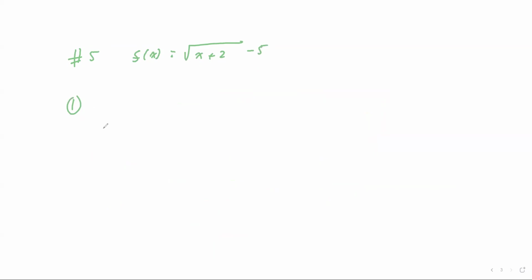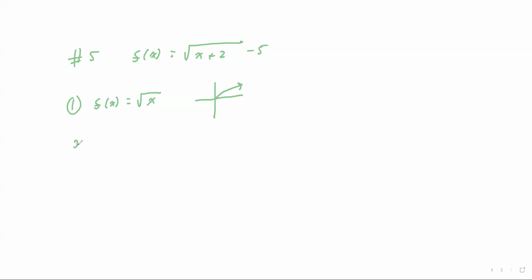Number 1 was, what is the base function? So again, if you eliminated all the numbers, what is left? And hopefully you see that it's just the square root of x function. The parent function of that, if you recall from the video 3.6, does this right here. All right? So that's the beginning.